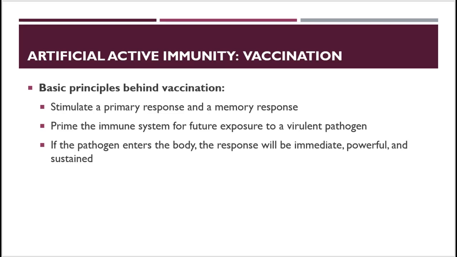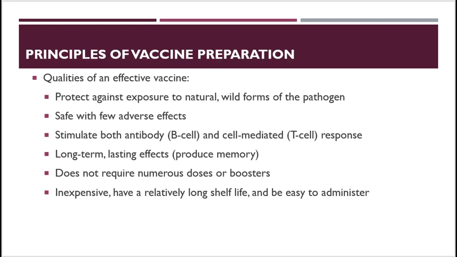This way, if the person is ever exposed to that pathogen, then the response will be much more rapid than if that were the first exposure. So the goal of vaccination is to produce memory cells that will respond immediately the next time that antigen is encountered.